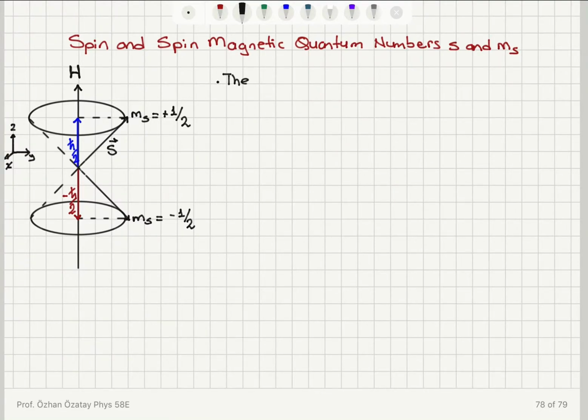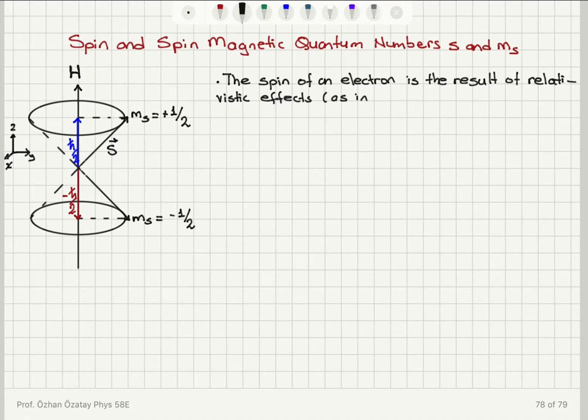The spin of an electron is the result of relativistic effects, as in the Dirac equation.